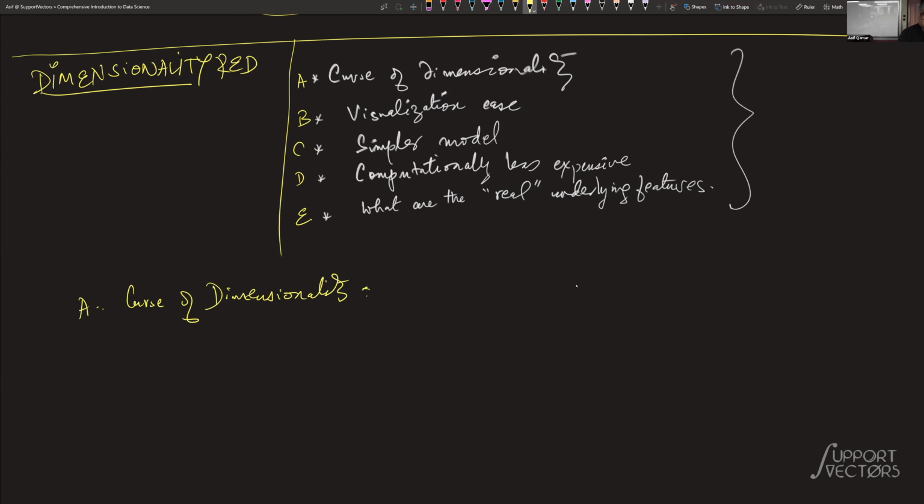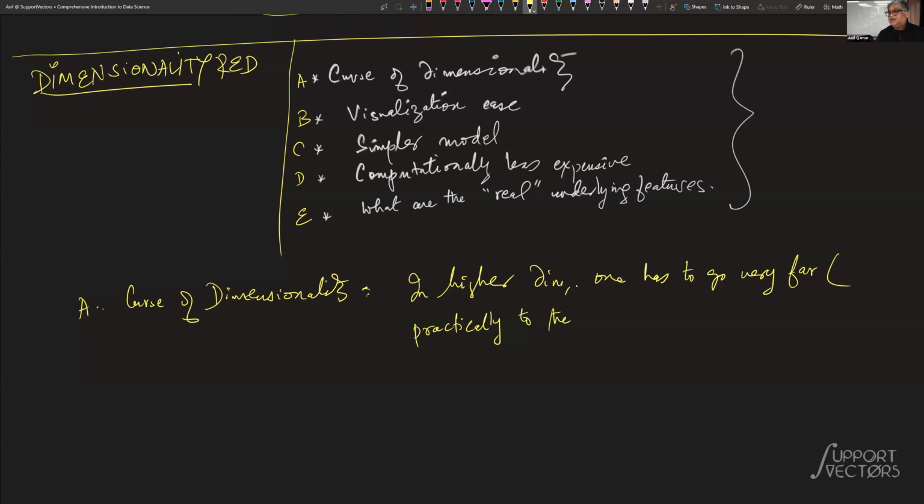What it means is, in higher dimensions, one has to go very far, practically to the periphery of the feature space, to find neighbor points.